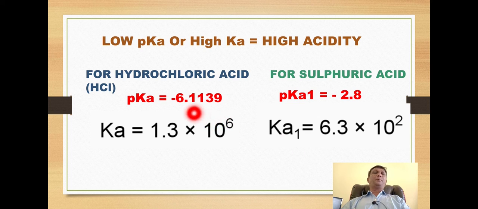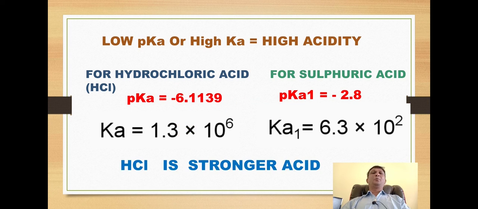If we compare the pKa values of both the acids, we will find that hydrochloric acid has the lower pKa value than sulfuric acid. That's why hydrochloric acid is considered to be the stronger acid than sulfuric acid.